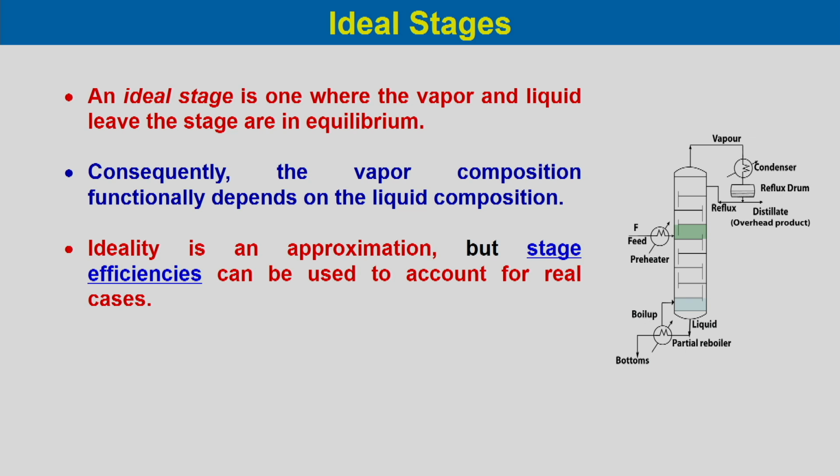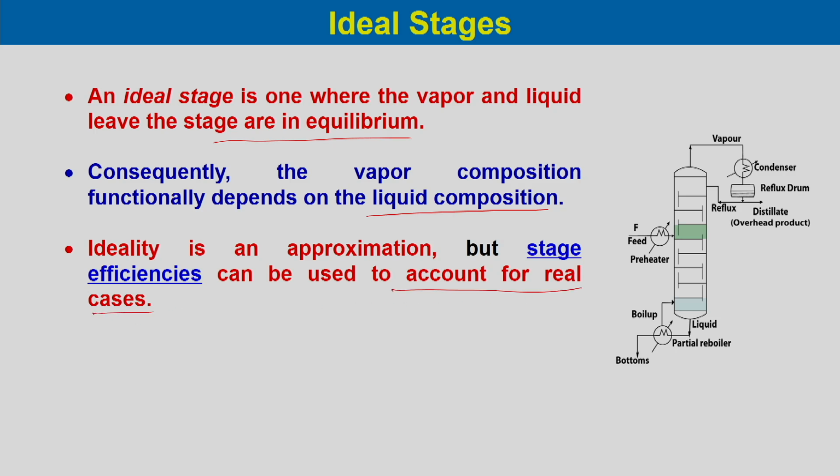Because of this, the vapor and liquid which leave a particular tray are in equilibrium. So, the leaving streams are in equilibrium, not the incoming streams to that tray. Consequently, the vapor composition fractionally depends on the liquid composition. Ideality is an approximation, but stage efficiencies can be used to account for real cases.